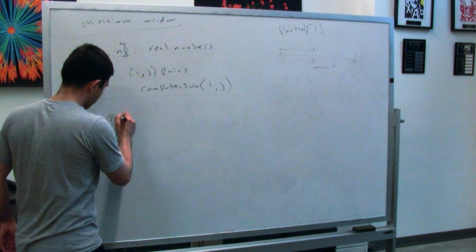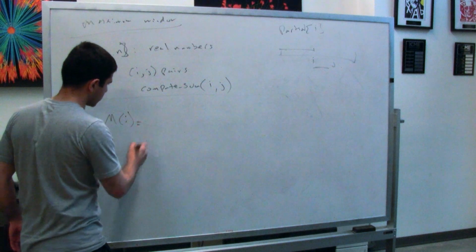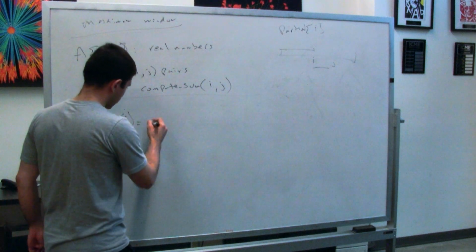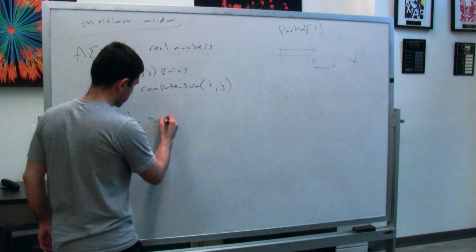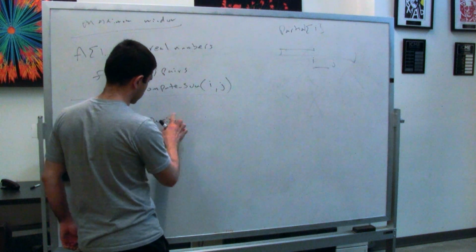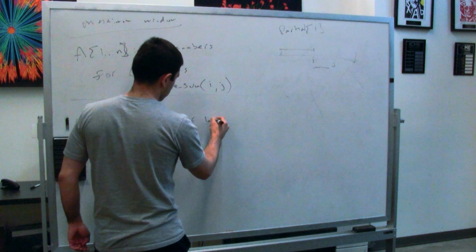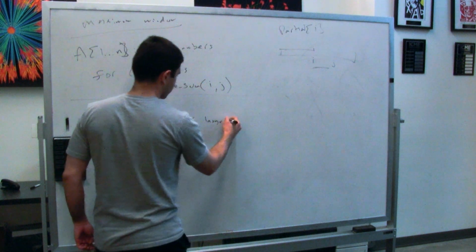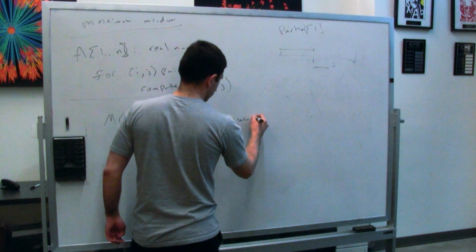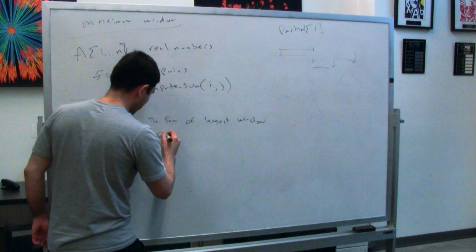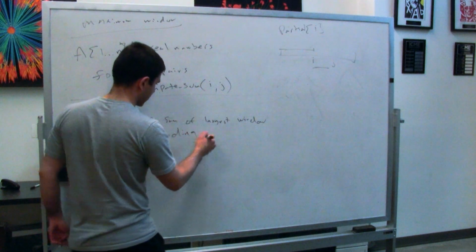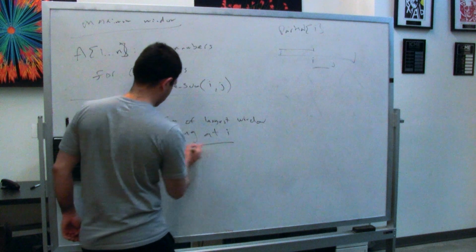M of i is going to be the size, i.e. the sum, of the largest window ending at i. The window's end must be at i. It's very important.